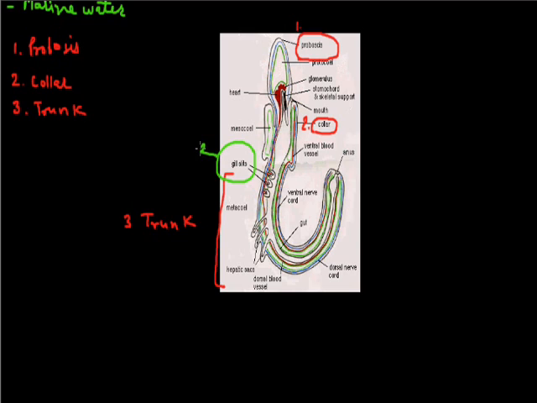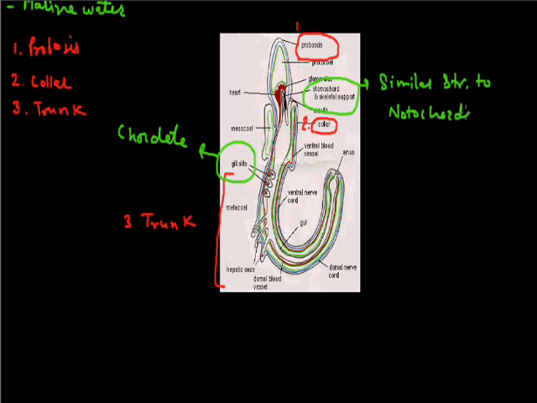Another important feature, these animals have the stomochord, which resembles the notochord. So we call it a chordate feature. Another important feature, these animals have a ventral nerve cord. So these are some features responsible for this animal being a chordate.